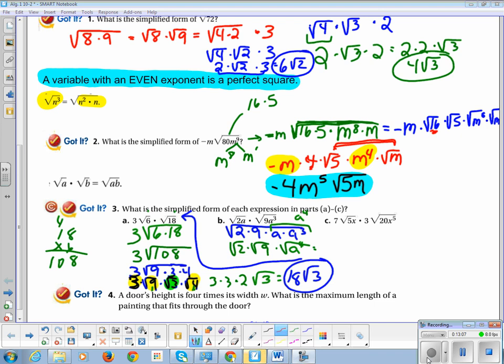And so for my answer, the square root of 9 is 3. A to the fourth, because remember, even power is a perfect square, so we cut that power in half: a squared. And then root 2 hangs on.